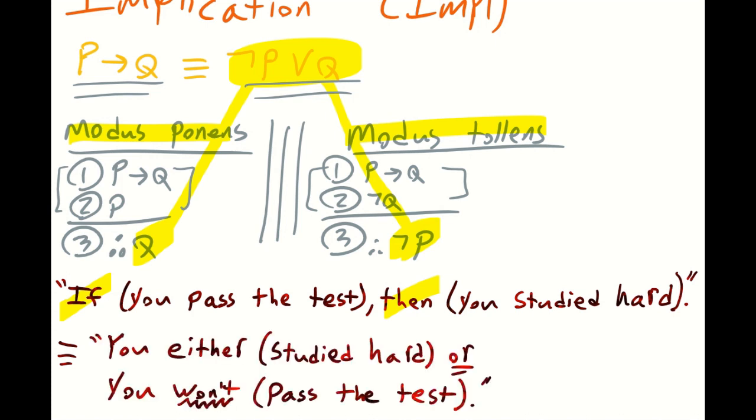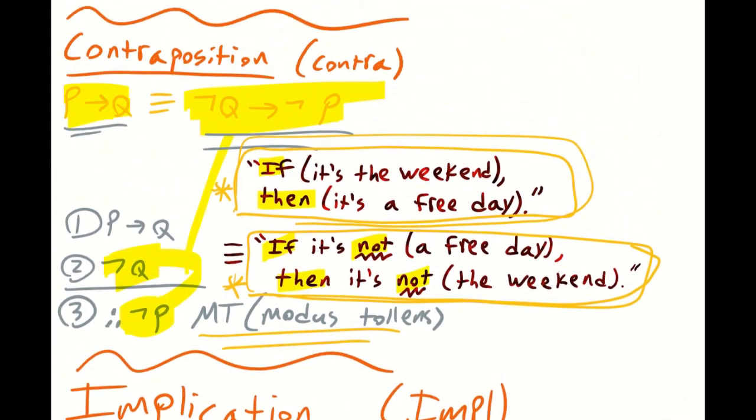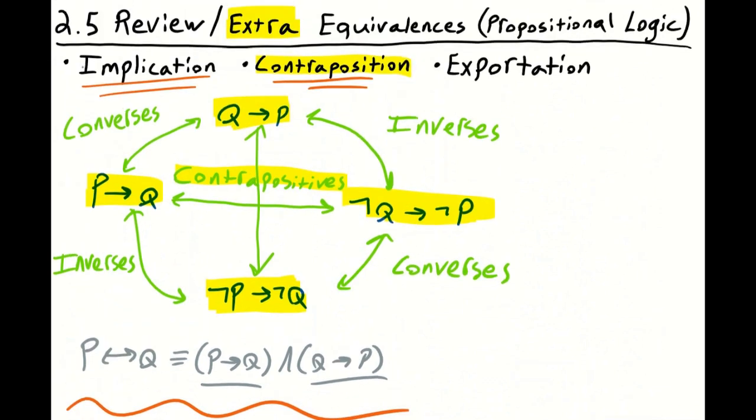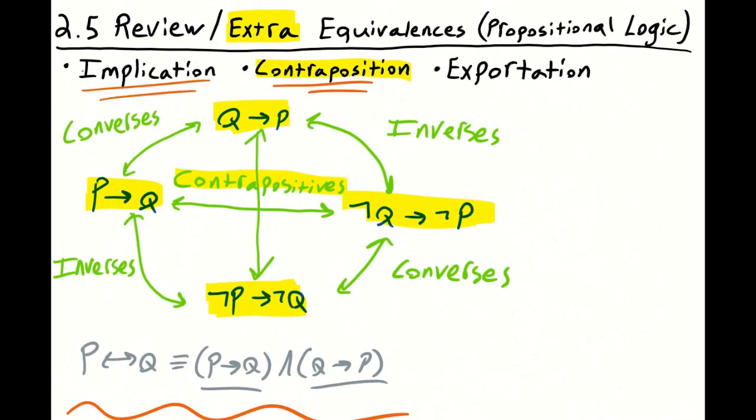We would get the disjunction: you either studied hard or you won't pass the test. So you can see how this encodes the modus ponens versus the modus tollens. So an implication is a very good logical equivalency. And then finally, we're going to look at one more, and that is exportation. So let's look at that next.